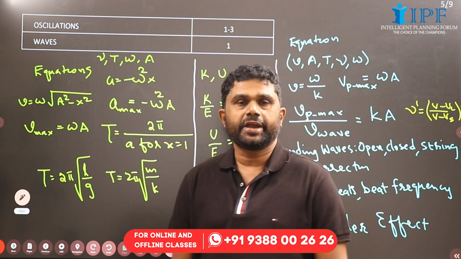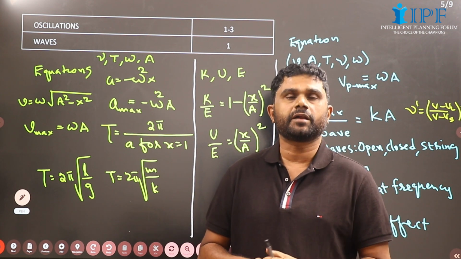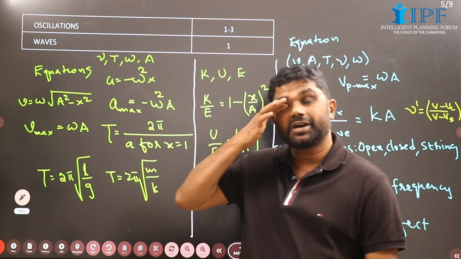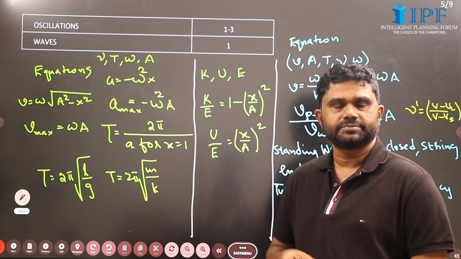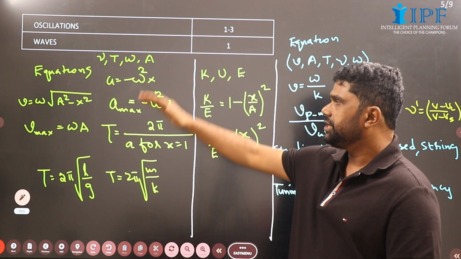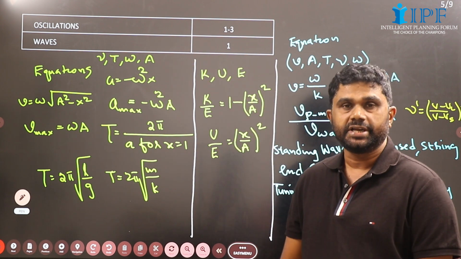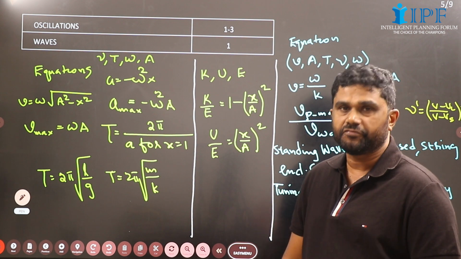Okay, finally, oscillations, simple harmonic motion. What are the things that you should study or not skip from this chapter? It is the basic equation of simple harmonic motion, A sin(omega t plus phi).